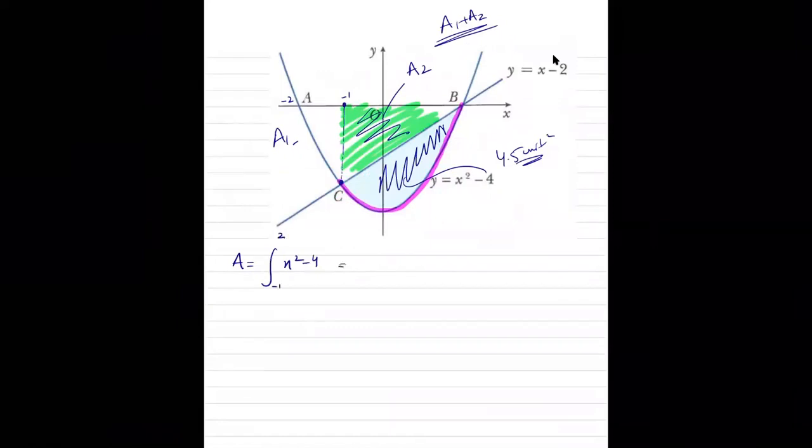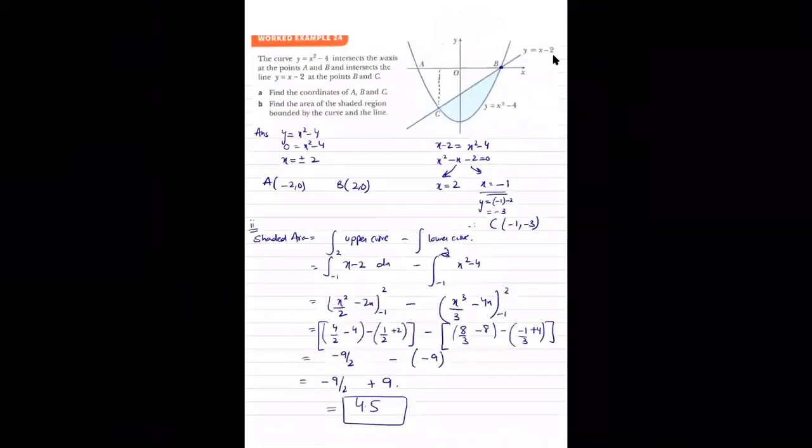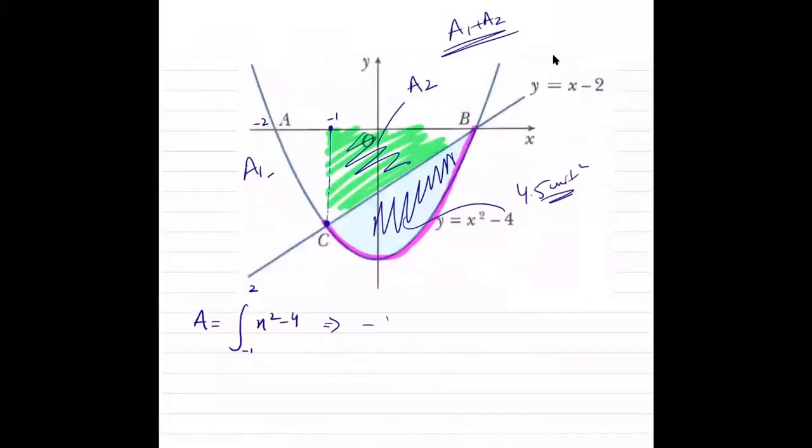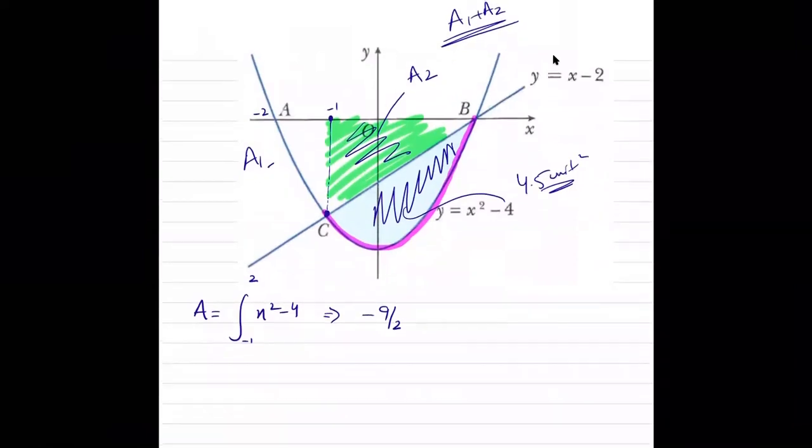If we just do that, what value would we be getting? Minus 9 upon 2. So the answer to this is going to be minus 9 upon 2. But if I say the area cannot be negative, I can take 9 upon 2.